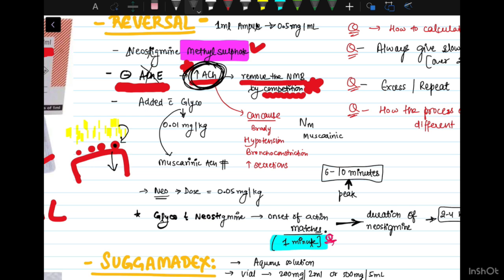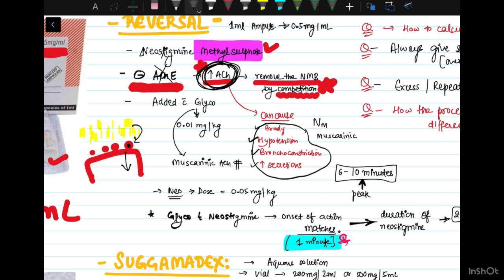Even though it is helping us in reversing the effect, because of the muscarinic receptors, it will have certain side effects which can lead to bradycardia, hypotension, bronchoconstriction, increased secretions. You all know that these are all the side effects of increased ACh, the parasympathetic activity of the body which increases. So all those side effects are because of this.